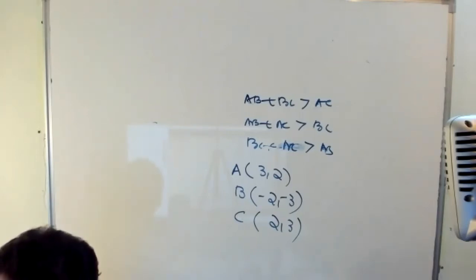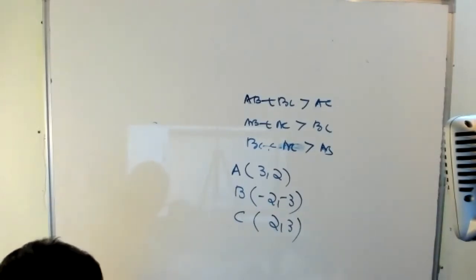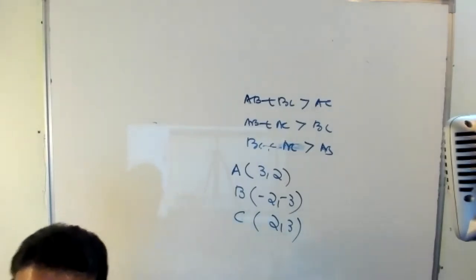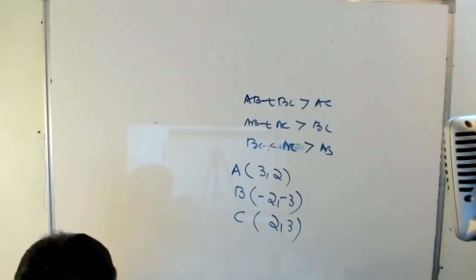Clear now? First you find AB, BC, AC and check whether it can form a triangle or not.